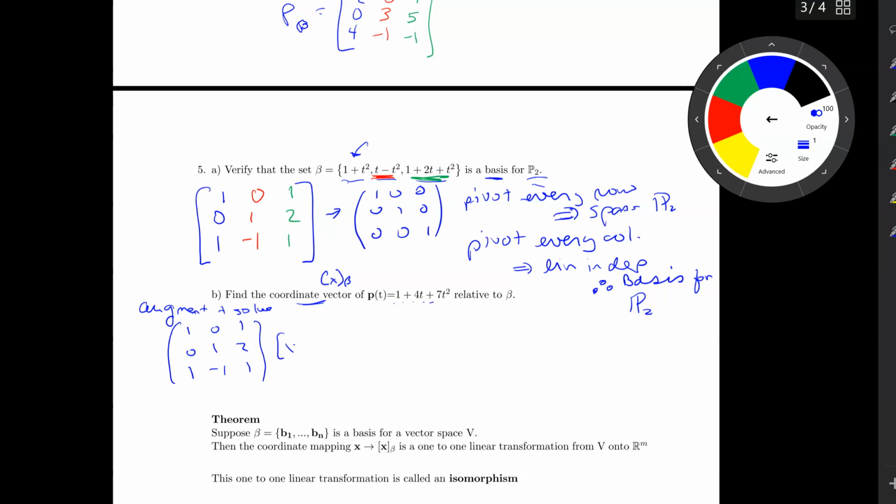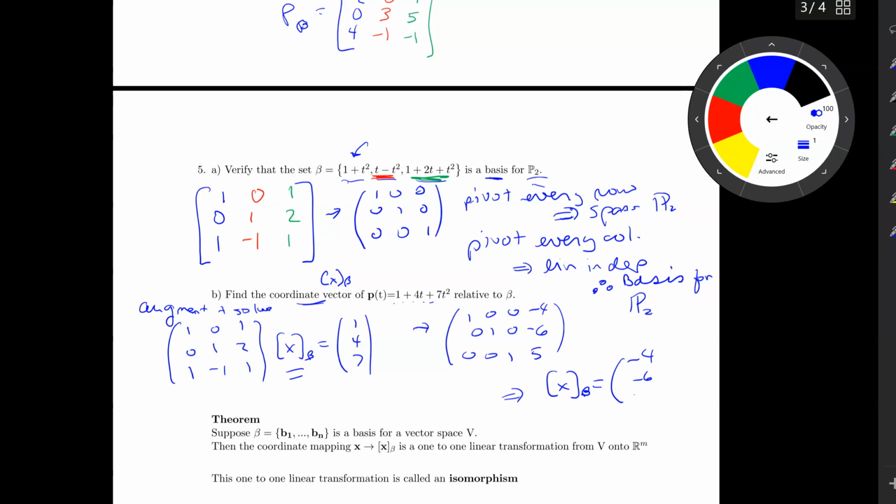I'm finding this vector right here that gets me to this, right? So if I augment and solve, this gives me this coordinate vector. So there it is.